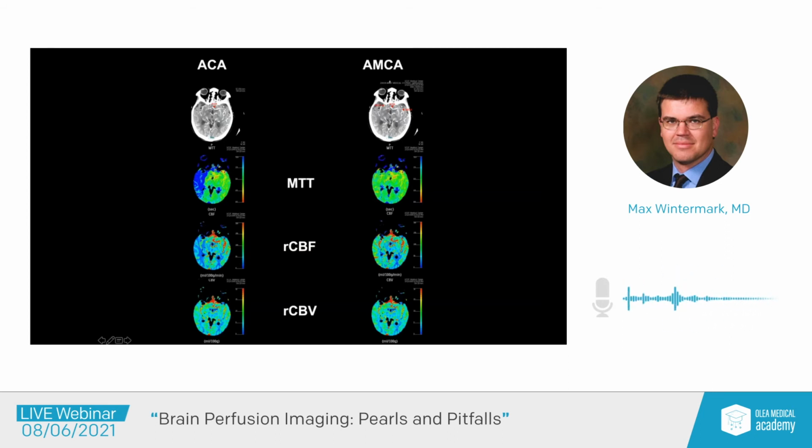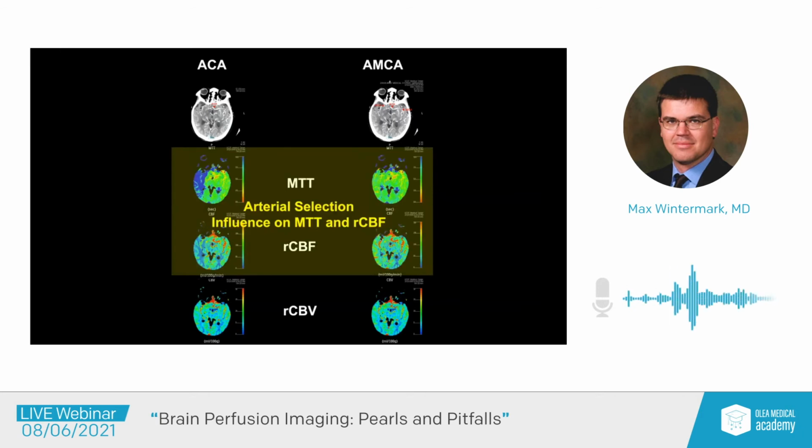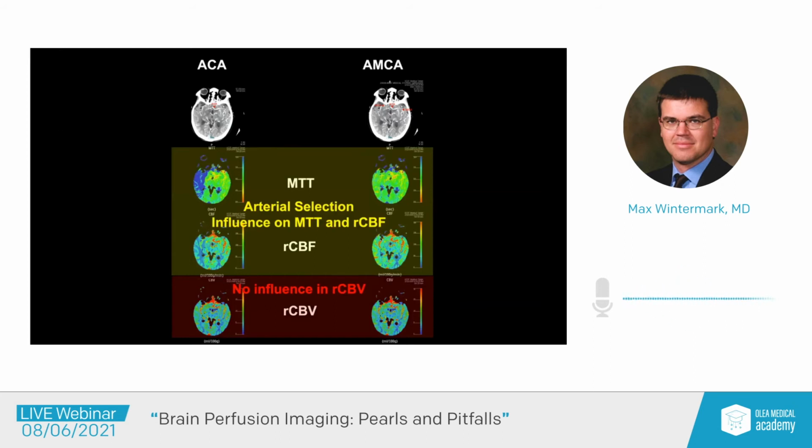And that better reflects the current, compensated situation of the patient who is not having any symptoms. So again, the arterial selection has an influence on the MTT and the CBF, whereas it doesn't influence the CBV, which is calculated based on the venous output function.